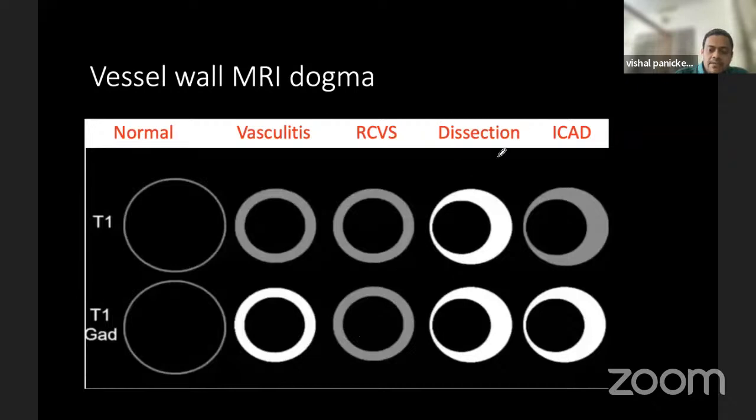In dissection, there will be blood inside the vessel wall and eccentric narrowing of the lumen, and the blood is T1 hyperintense, so there will be T1 hyperintensity, and on contrast there will be enhancement also. In ICAD also there will be eccentric narrowing of the vessel wall, and there will not be any T1 hyperintensity, and gadolinium will show enhancement of the vessel wall.